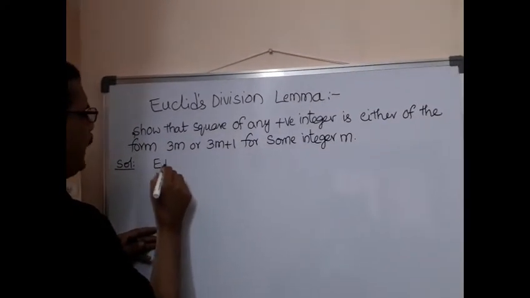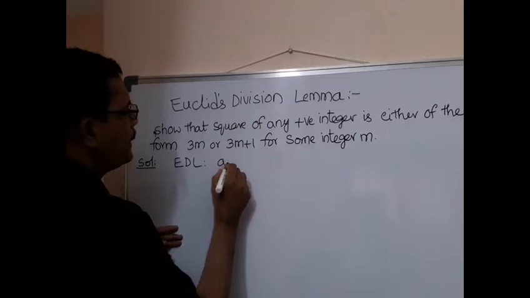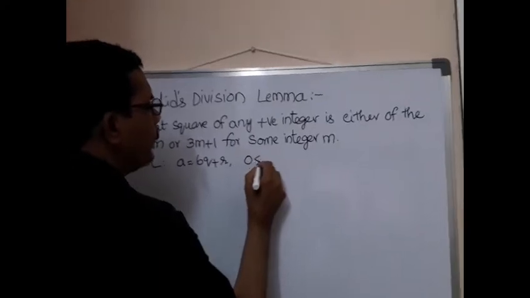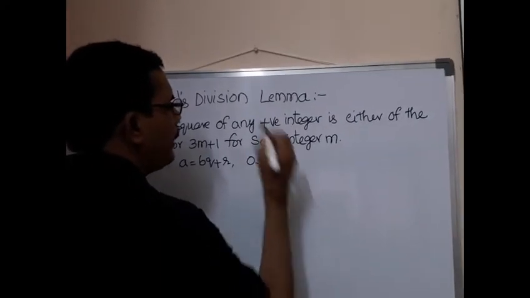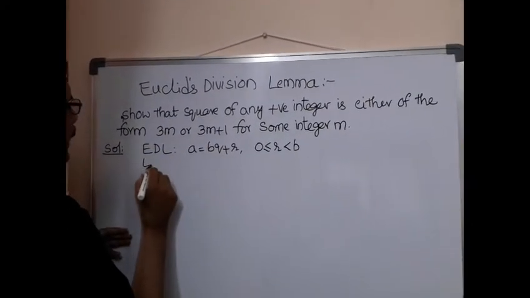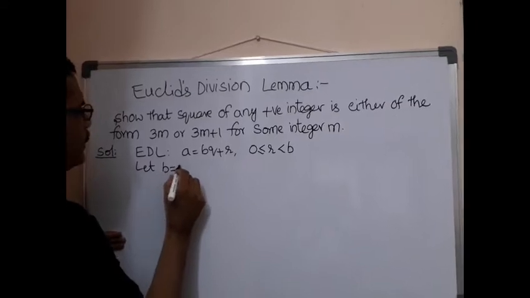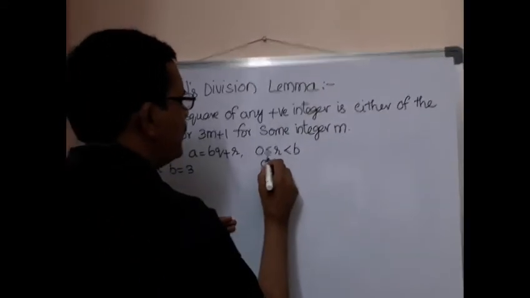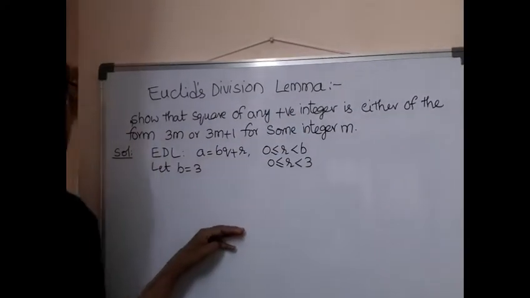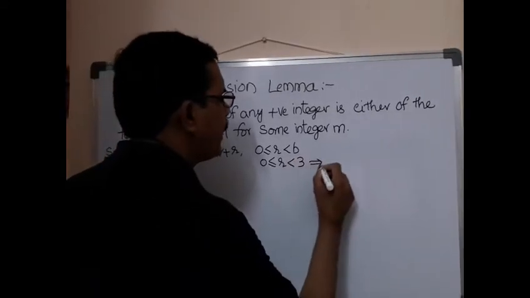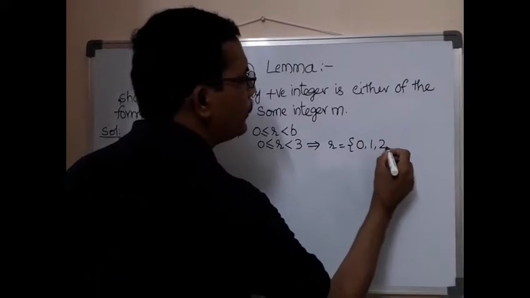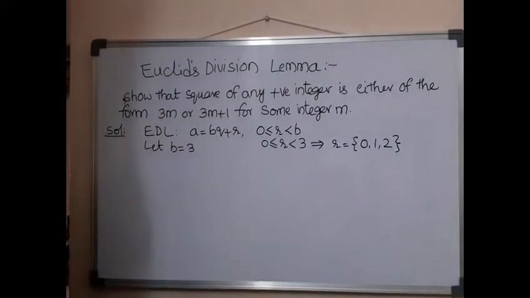Euclid's division lemma is a = bq + r, where 0 ≤ r < b. Here we will take b = 3. If we write b value in this one, 0 ≤ r < 3 implies r = 0, 1, 2. These are the values of r.